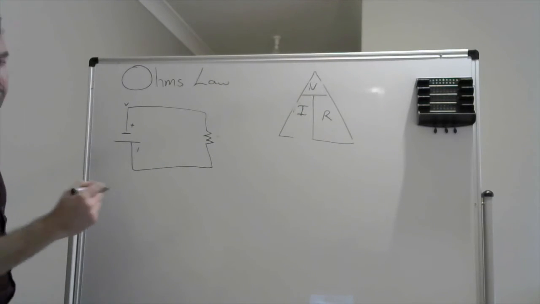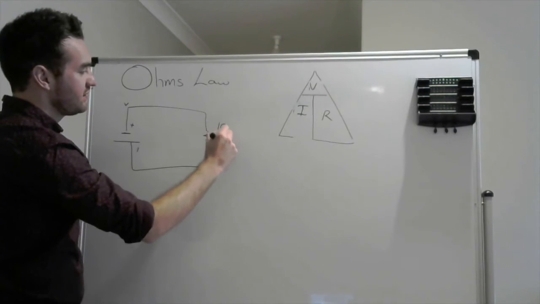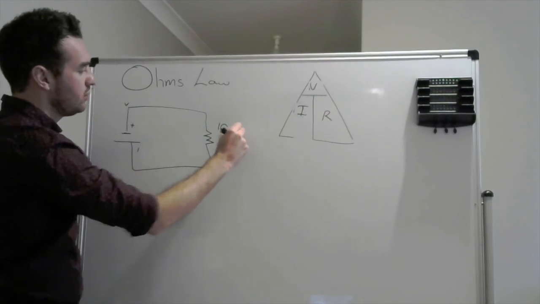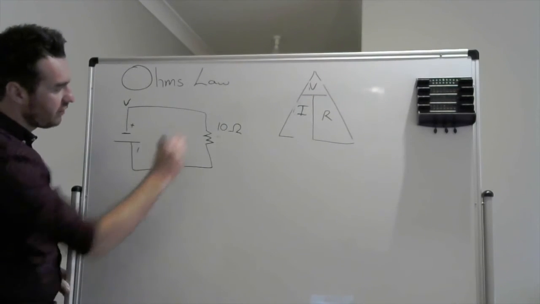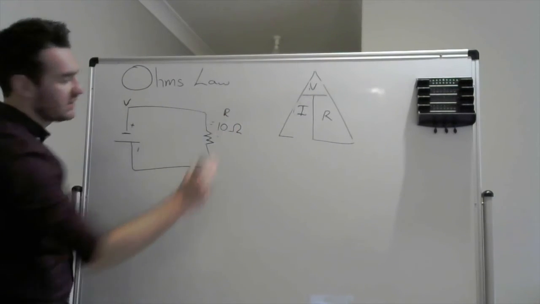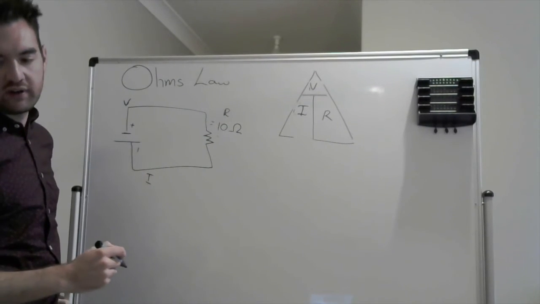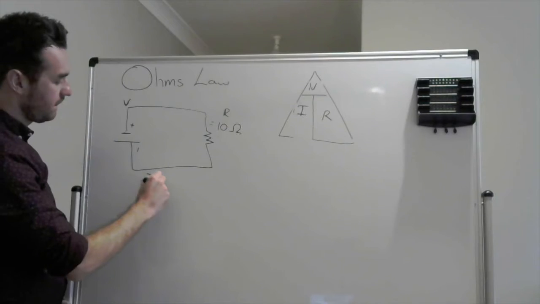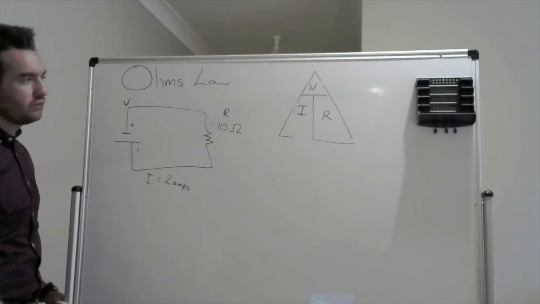So say that we have this resistor, and we know the resistor has a resistance of 10 ohms. Here's V over here. R equals 10 ohms. We know that the current in our example here is 2 amps. So I equals 2.